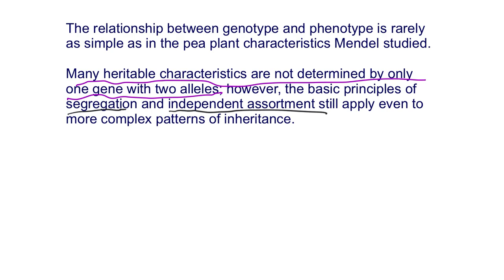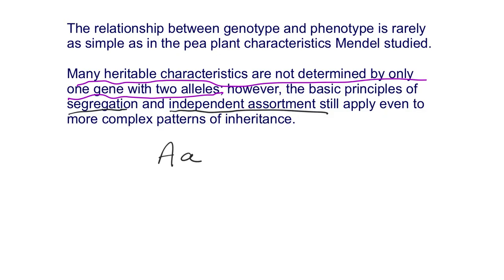So the principle of segregation is, if you have any genotype, let's say that's your genotype, in your sex cells, when meiosis occurs, those alleles will be segregated or separated, one per each gamete that you make.